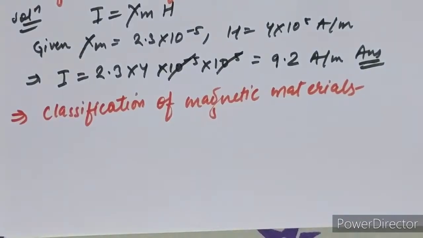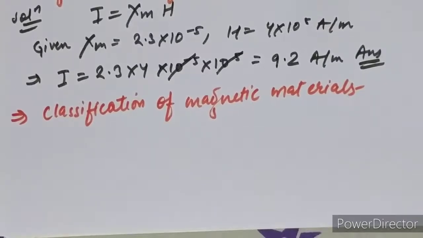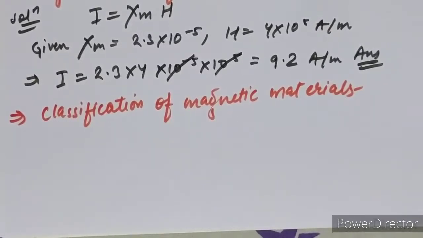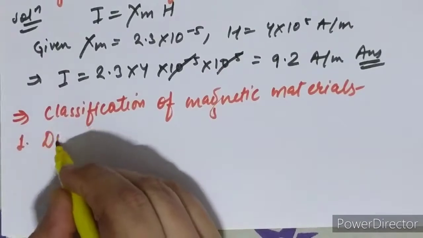According to the behavior of a material in an external magnetic field, materials are mainly of three types. One is diamagnetic, another is paramagnetic, and the third is ferromagnetic material. According to their behavior, whether they experience a strong magnetic force, a weak magnetic force, or a repulsion force. For that only, and in that series, we are going to first discuss diamagnetic substances.